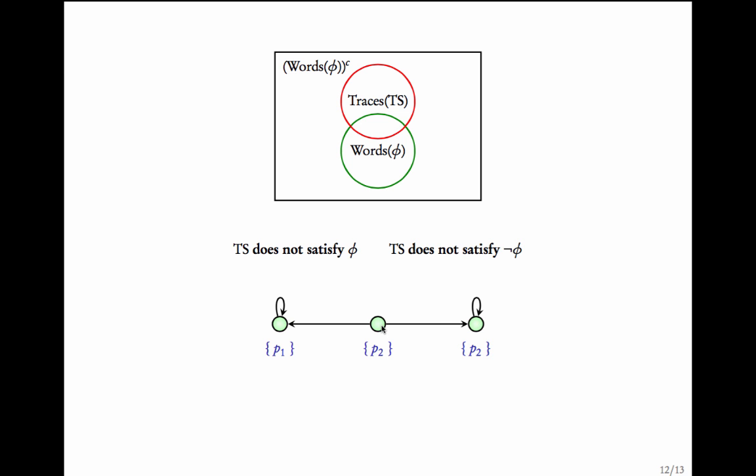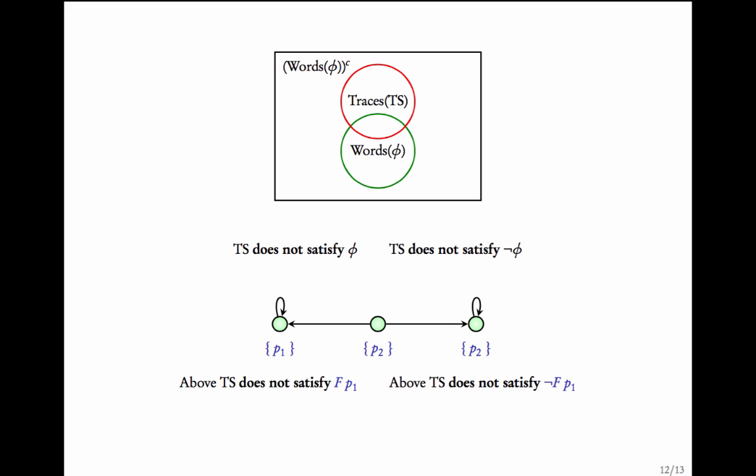So this transition system does not satisfy F of p1 because there exists a trace which does not satisfy F of p1. Similarly, this transition system does not satisfy not of F of p1 because there exists a trace which satisfies p1. In the sense, there exists a trace, this one, which does not satisfy this formula, and there exists a trace here which does not satisfy this formula, which was the negation of this.